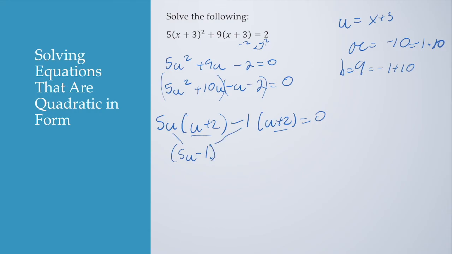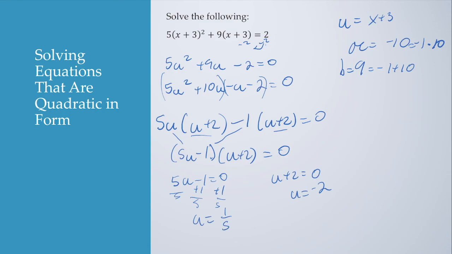So we collect the greatest common factors they had in common. I have 5u minus 1 times u plus 2 equals 0. So 5u minus 1 is 0, and u plus 2 is 0, so u is negative 2. I add 1 to both sides, and then I divide by 5. u is 1/5.